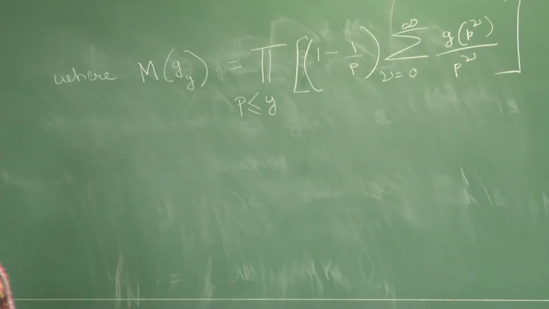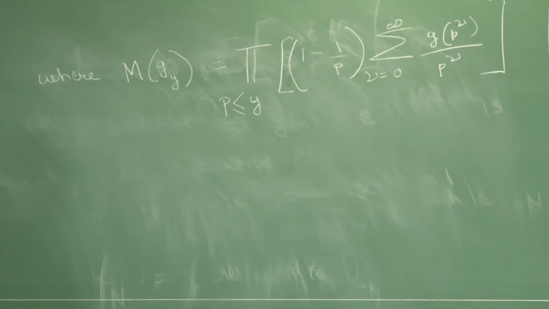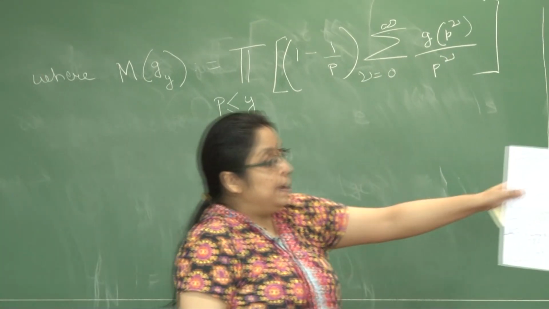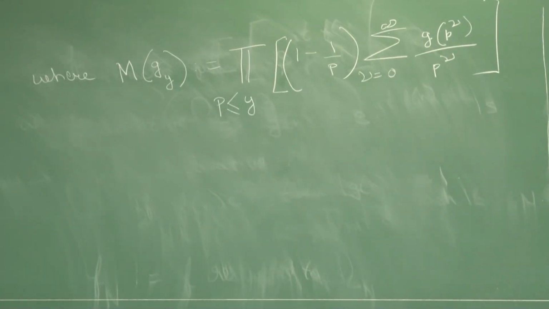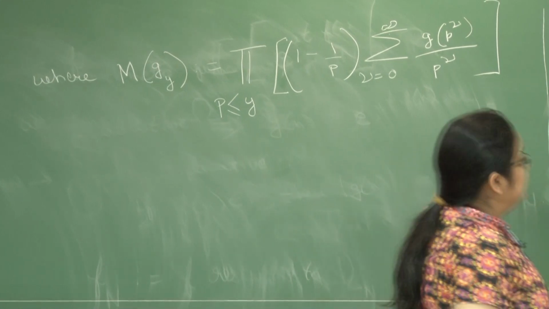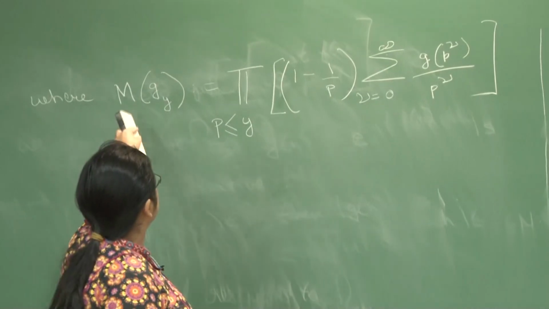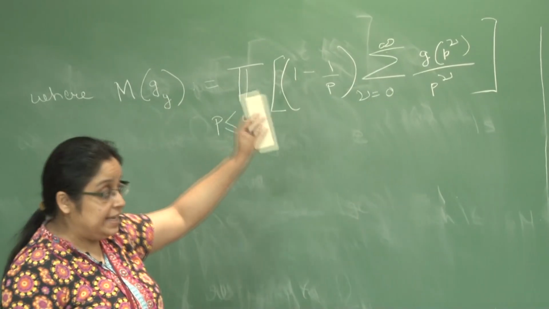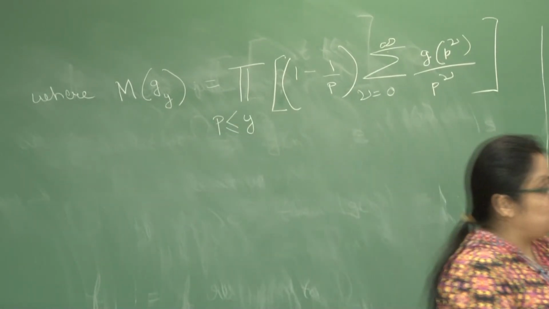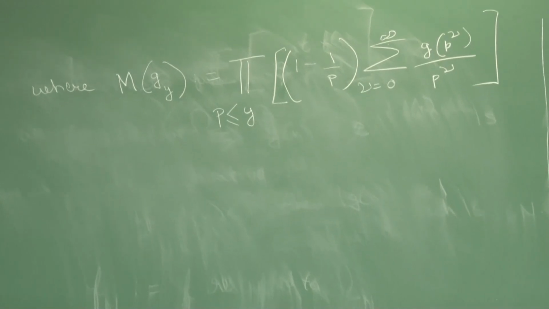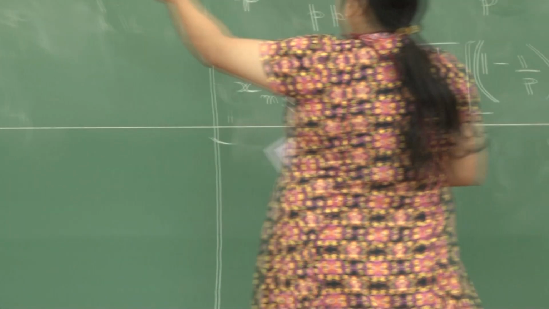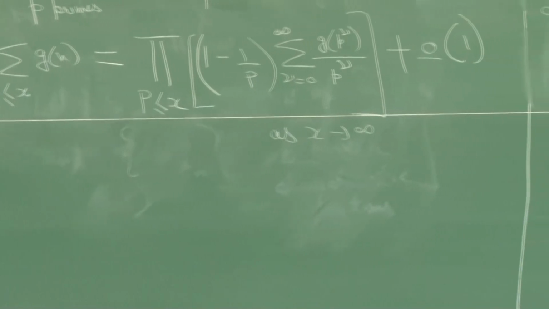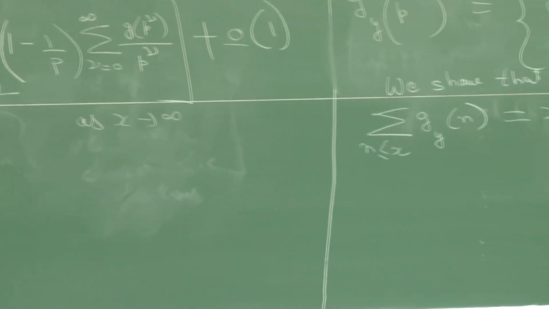Essentially, this equality is saying that m of g sub y is the average order of your function g sub y, and that is why we denote it as m of g sub y, m referring to the word mean.